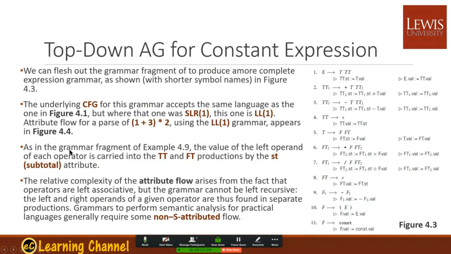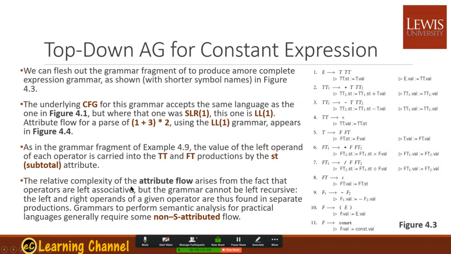And then, as in the grammar fragment of Example 4.9, the value of the left operand of each operator is carried to the TT or FT production of the first subtotal, the ST subtotal attribute.